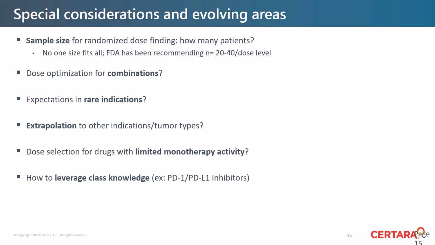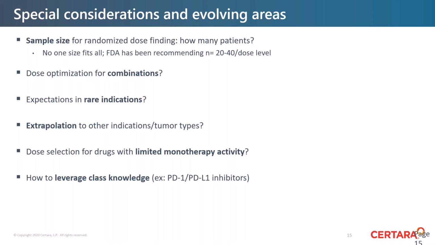It means that Project Optimus principles are applicable to rare indications as well. So for these drugs, there will be a challenge to wisely include patients in the studies and leverage, for example, adaptive designs or Bayesian-guided dose escalation to, let's say, save patients.